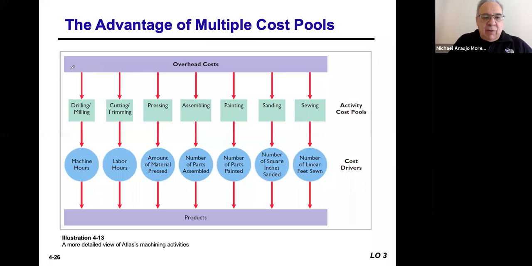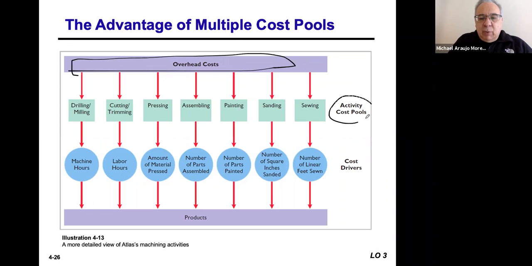So here again, focusing in on the overhead costs in total, right? We identify the activity cost pools for a particular process. So this is Atlas machining activities from drilling and milling, cutting and trimming, all the way to sewing.